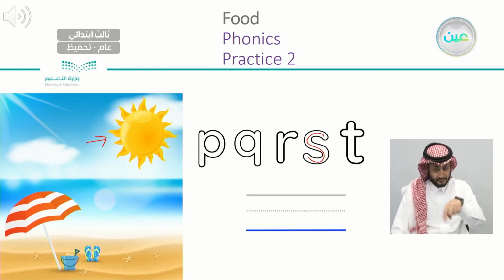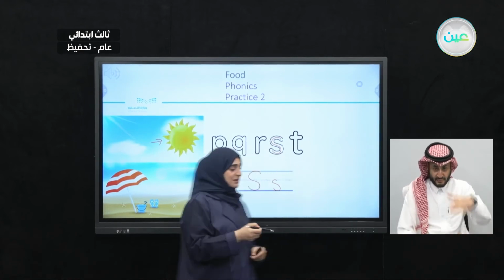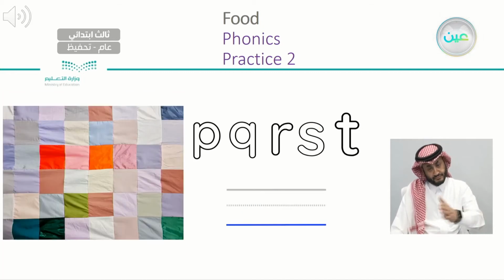Lowercase s. This is lowercase s. It's a short letter. Let's do the uppercase s. Do they look the same? Yes, they do look the same, but the lowercase s is smaller. And the uppercase s takes up the entire space. Clear? Let's continue.